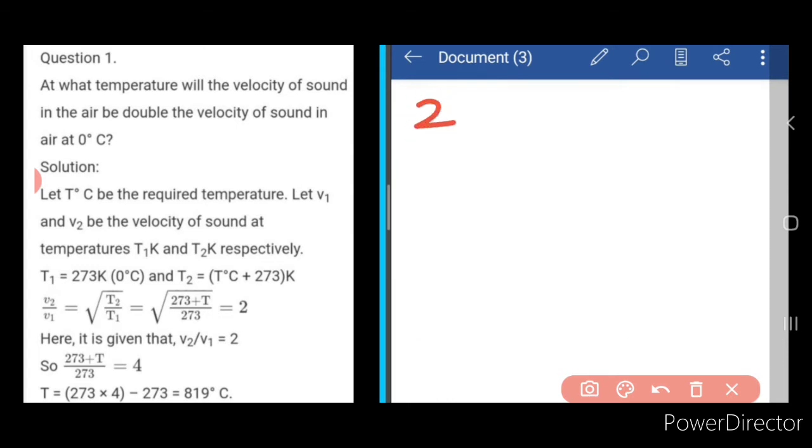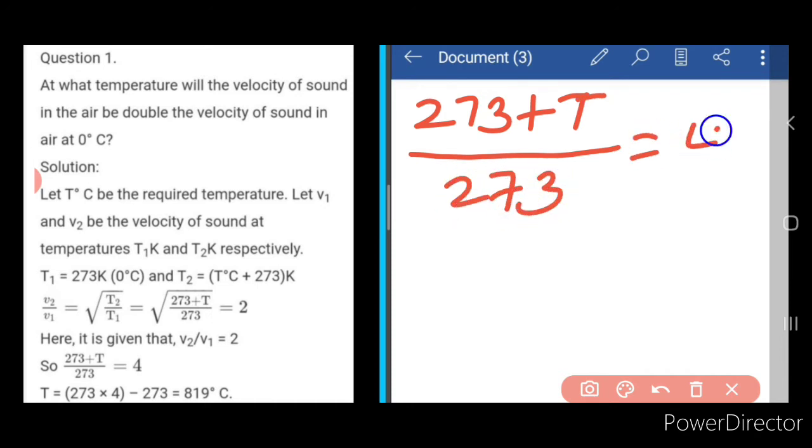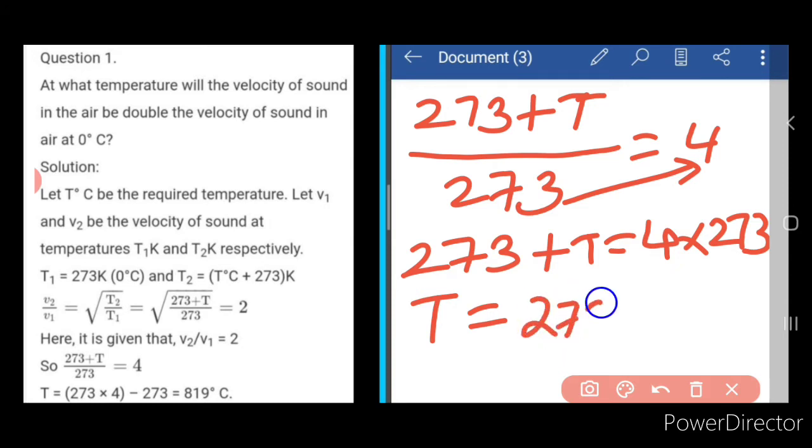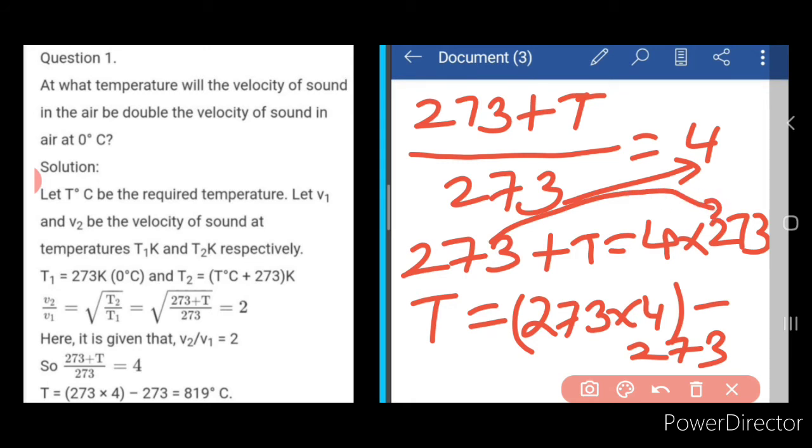So 273 plus T divided by 273 is equal to 4. Now I'll bring this 273 to the other side. So 273 plus T is equal to 4 into 273. So T is equal to 273 into 4 minus 273, because when it comes to the other side it becomes minus.